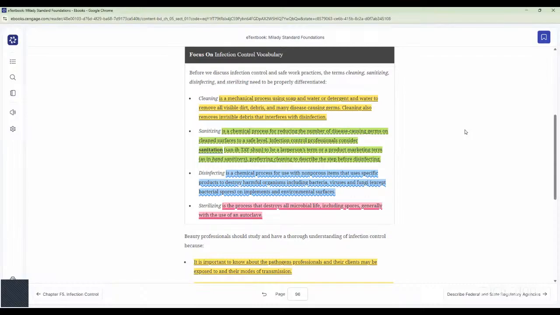Chemical process for use with non-porous items that use specific products to destroy harmful organisms, including bacteria, viruses, and fungi, except bacteria spores on implements and environmental surfaces. Spores are the origination of the bacteria. All right. Spores can only be killed through sterilization.